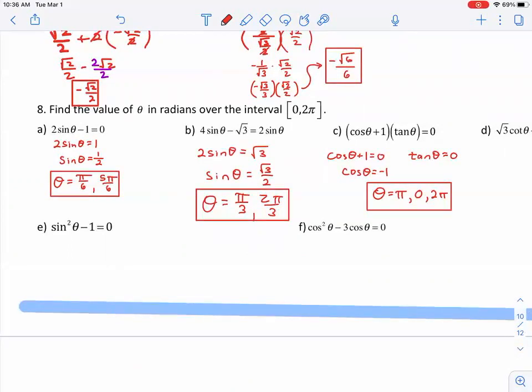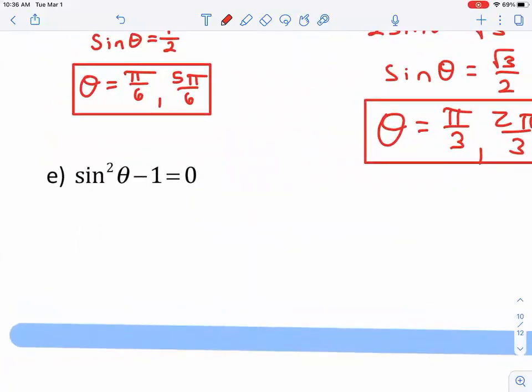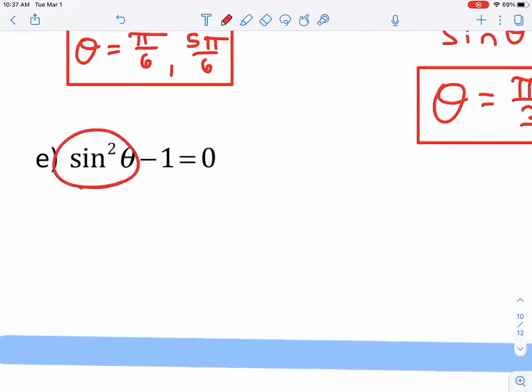let's skip D here. I think you guys are getting that, but E has a different element to it. It looks the same, and it is very much the same. But there's one thing that we can't forget. I have sine squared theta. Oh, by the way, I should have mentioned this. I'm going to erase this in a second, guys, but this notation is a little different than what we're used to.